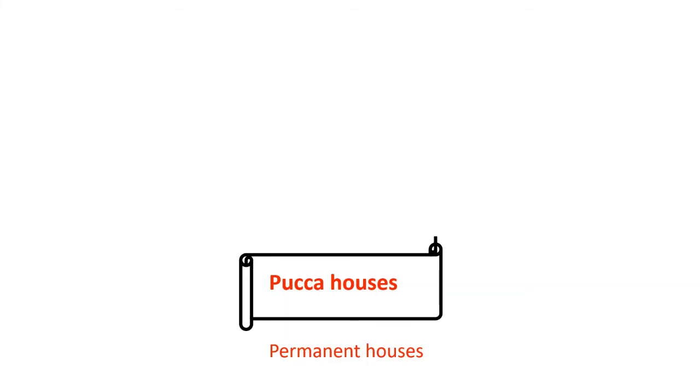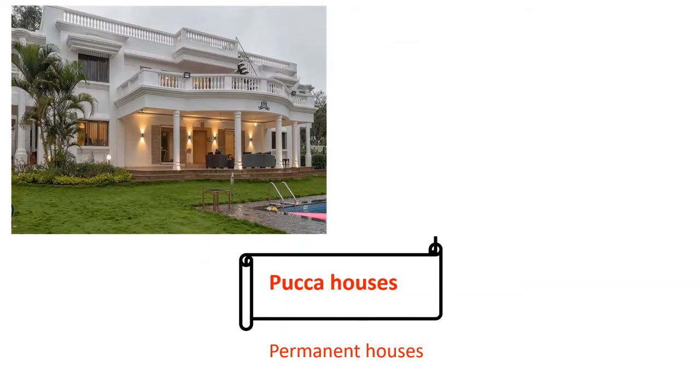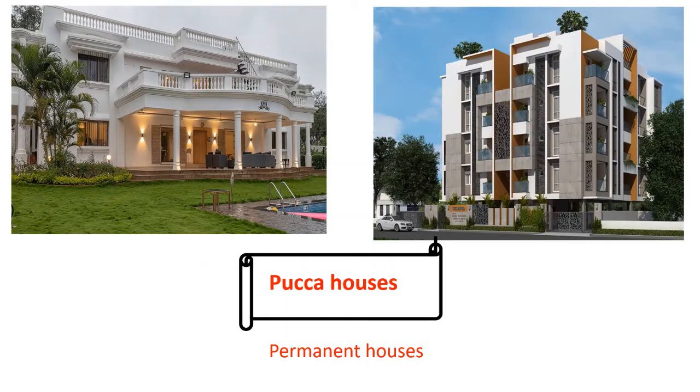For example, bungalows, apartments, etc. And these houses are very strong and they are fixed to one place and they remain safe for many years. And they are built using bricks, cement, and iron rods. And they are very strong, right?